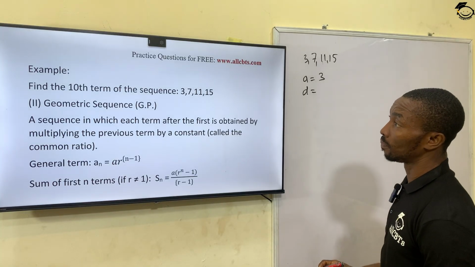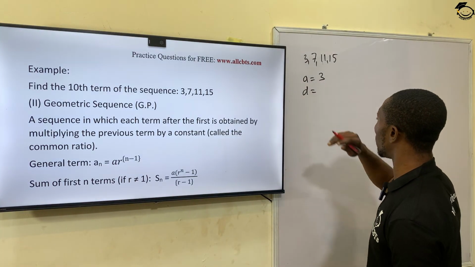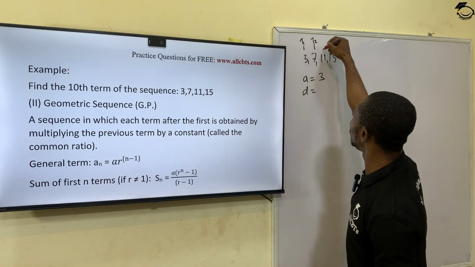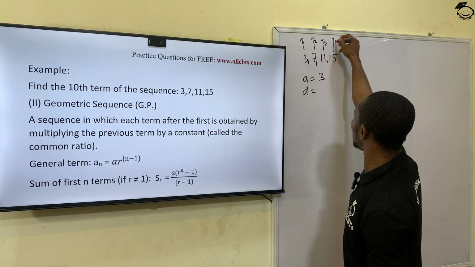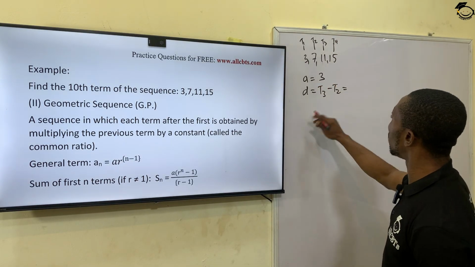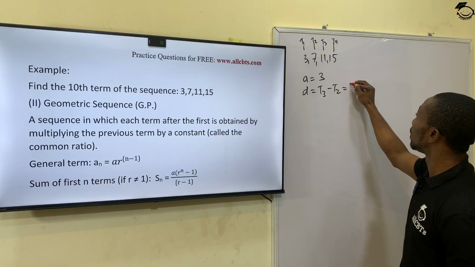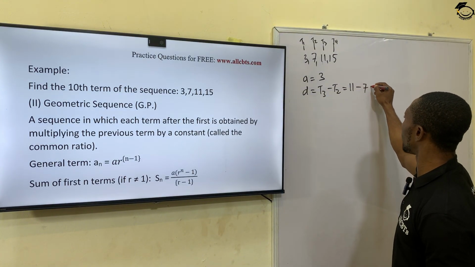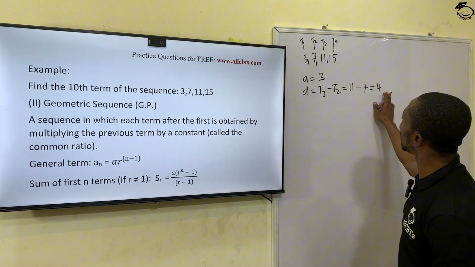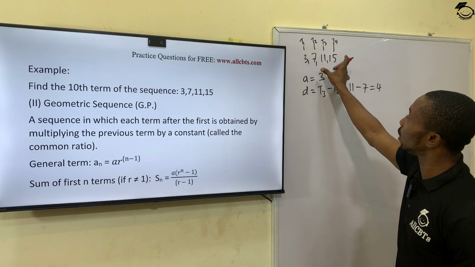These are T1, T2, T3, T4. We can use T3 minus T2 to find the common difference. This will be 11 minus 7, which gives us 4. That means our common difference for this sequence is 4.